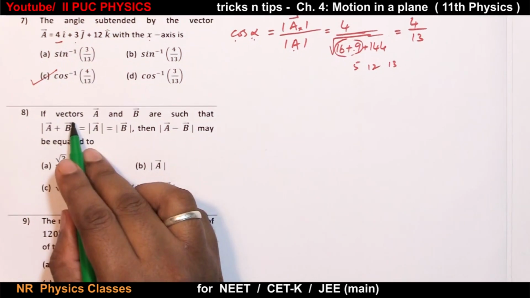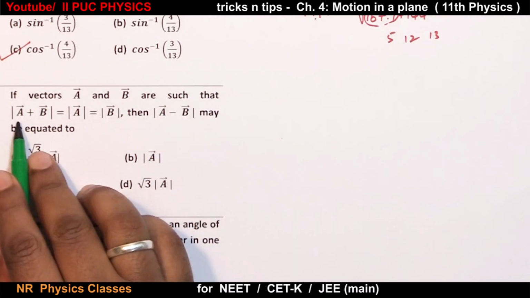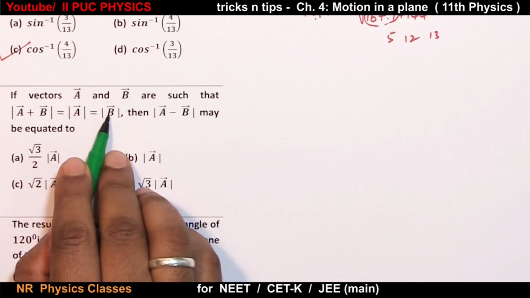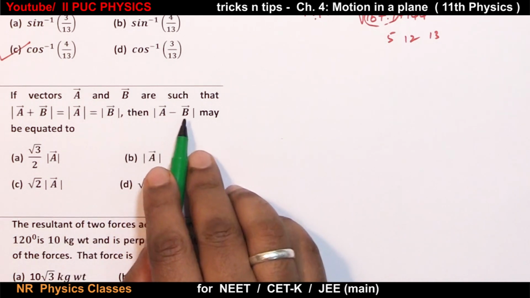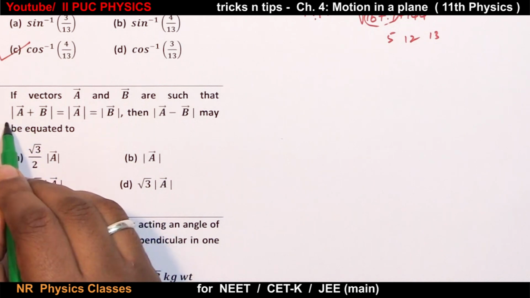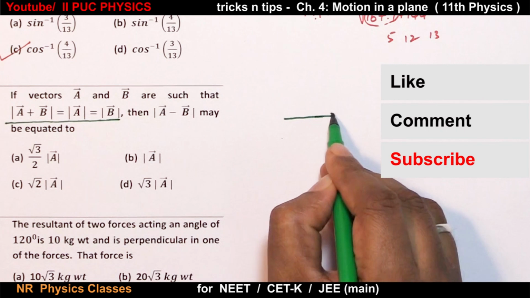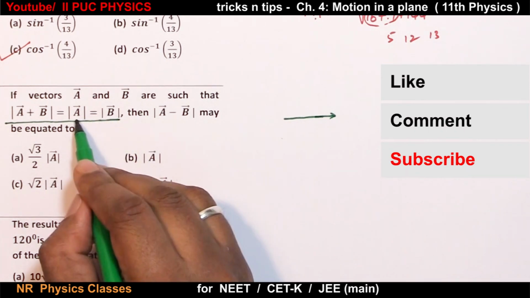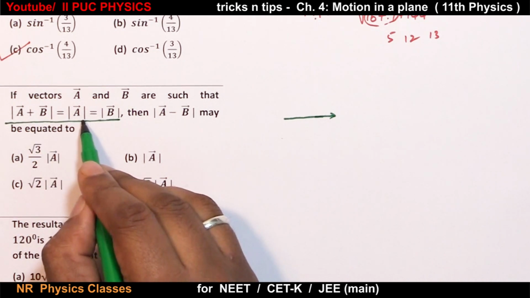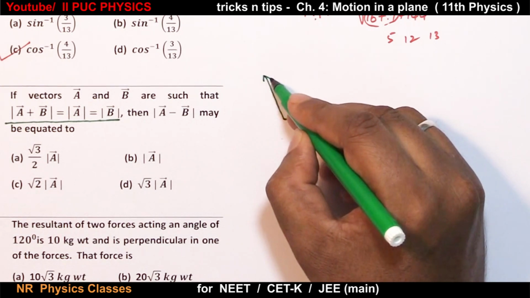Okay. If vectors A and B are such that magnitude of A plus B equal to A equal to magnitude of B, then A minus B may be equated to. Understand this result. This is A, B, magnitude of A equal to B, and the sum of those two is also equal to either of these two, means this result is true only for 120 degree, isn't it?